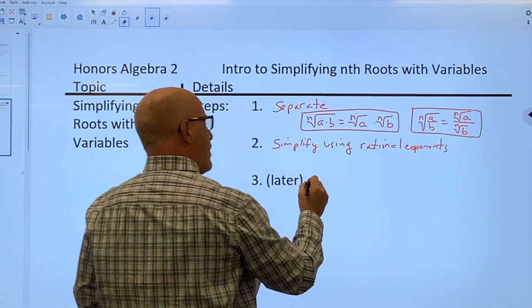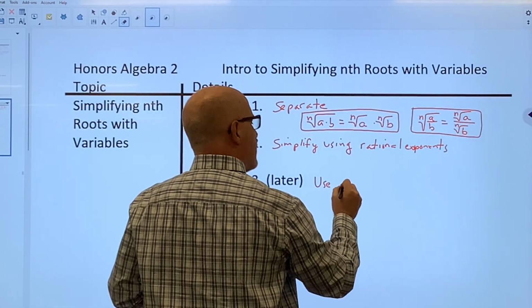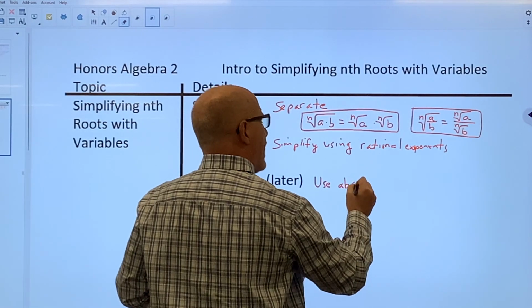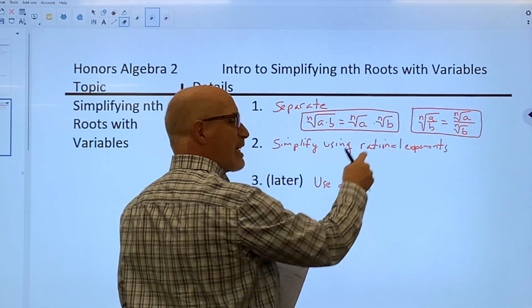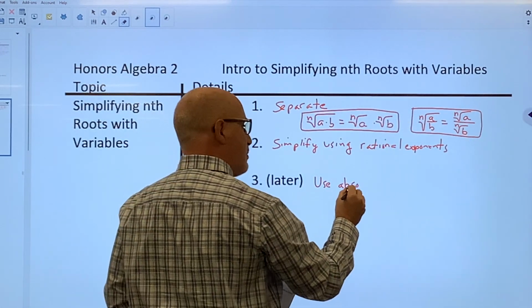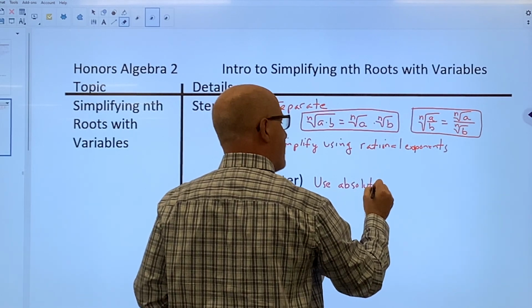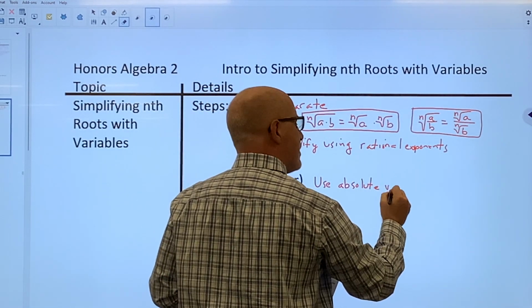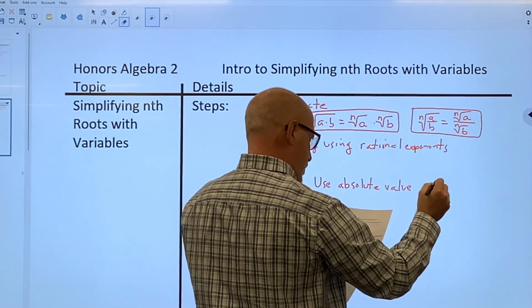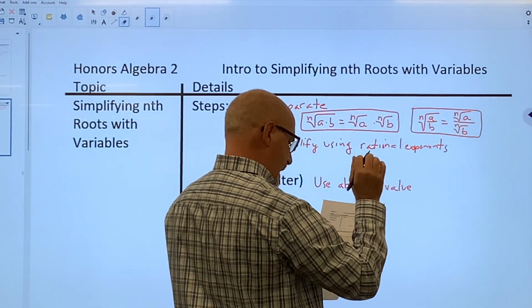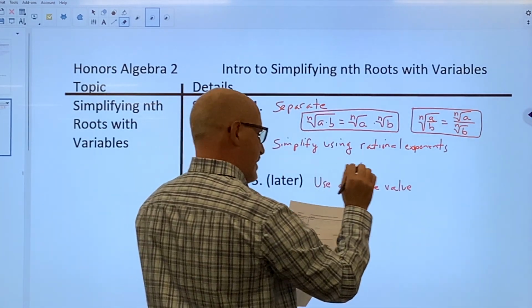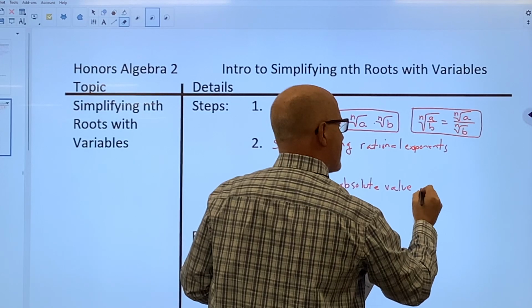Now, when we use absolute value is when we have our index being an even index. Now let me show you what I mean by that. Let's first of all use absolute value when simplifying, and you've got, in this case, an even index.